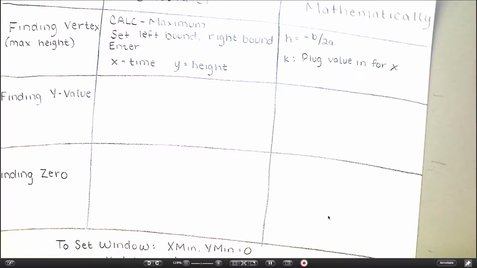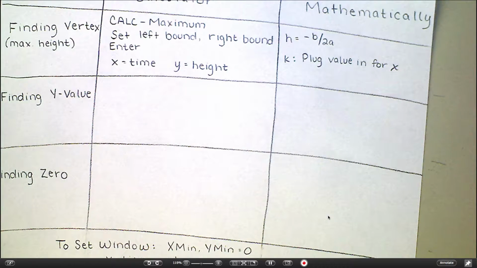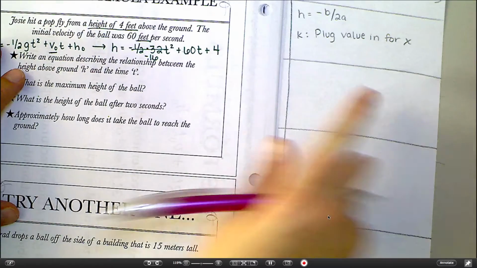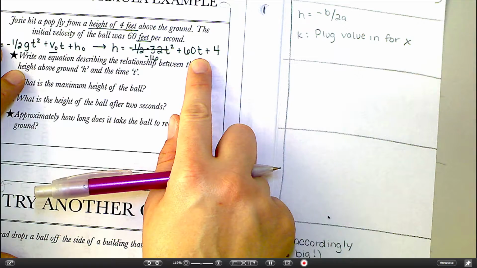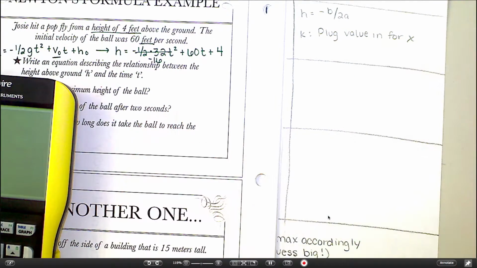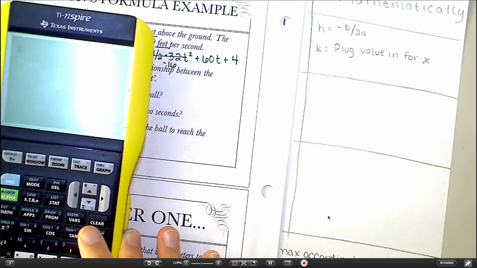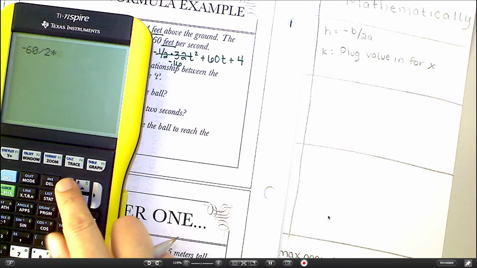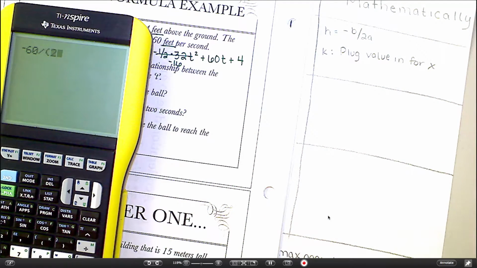Okay, so if you didn't want to do all of that on the calculator, you could take that original equation, you could take this right here, and do the negative b over 2a thing. Like for this, it would be negative 60. I'll show you. In a regular calculator screen, negative 60 divided by 2 times my a value, which is negative 16, and I forgot the parentheses.